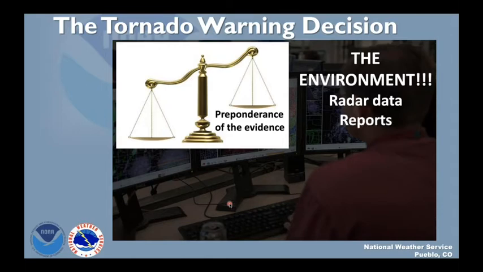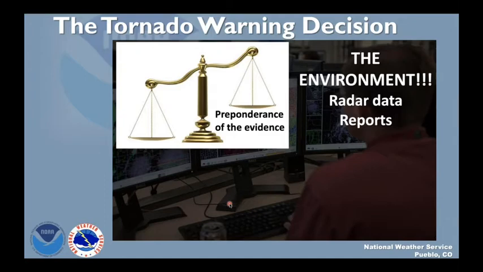But more importantly, we need ground truth. So we take a look at the reports that you give us, and then we can better message what our warning says. The weather that occurred over you that you're reporting to us is going to go downstream and affect some other people.